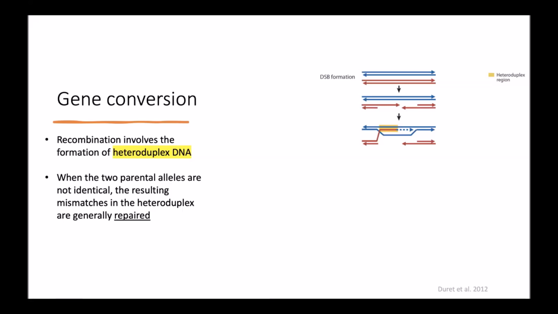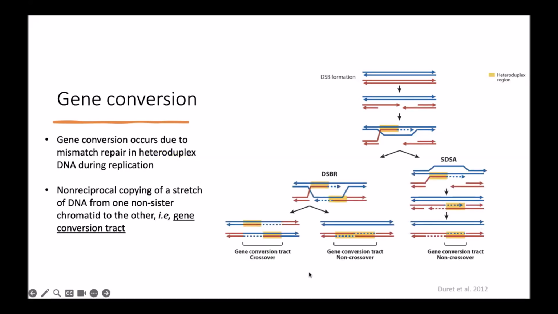This mismatch is generally fixed through a mismatch repair system. Gene conversion occurs during this repair, and it involves the copying of a stretch of DNA between the non-sister chromatids. We call these segments of DNA gene conversion tracts.